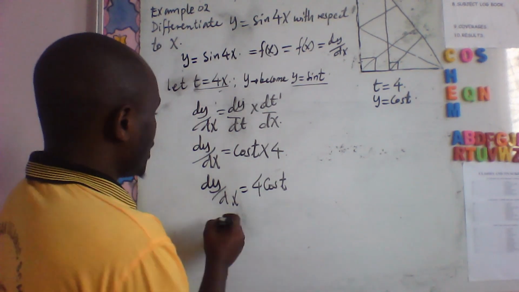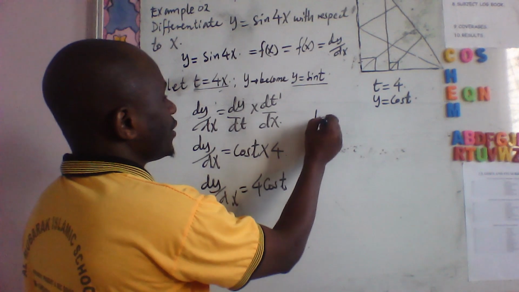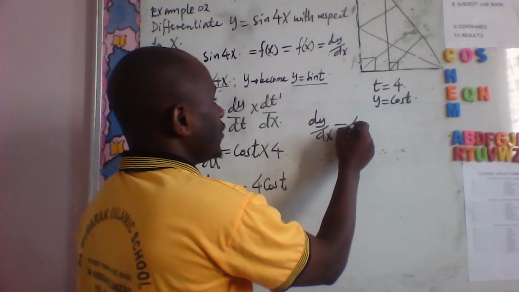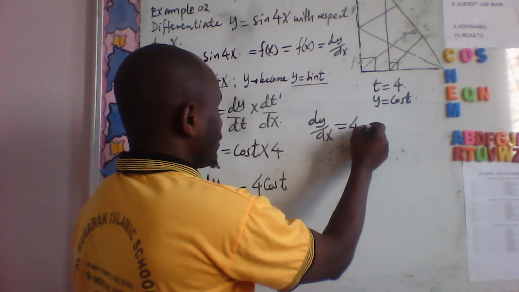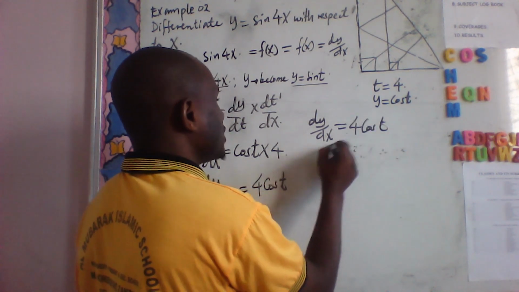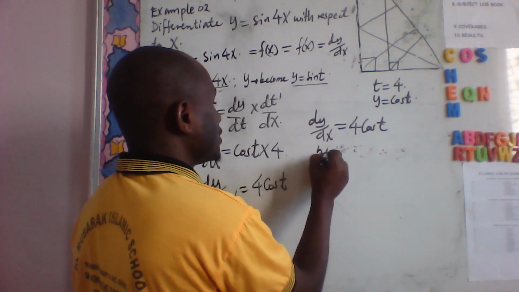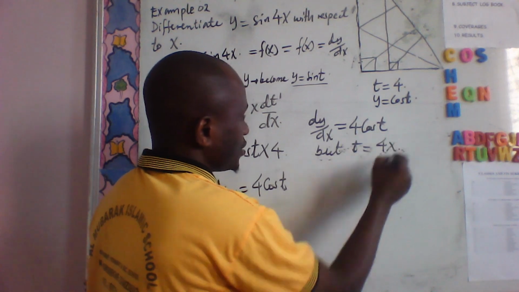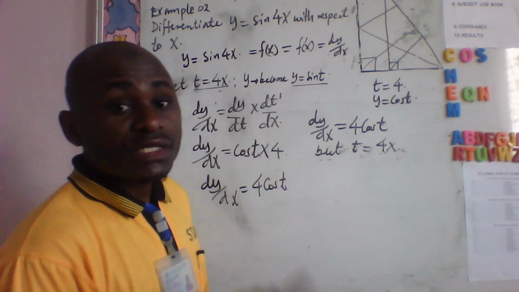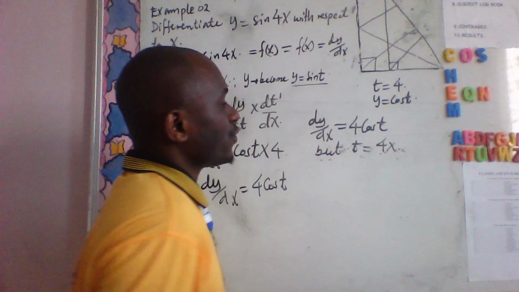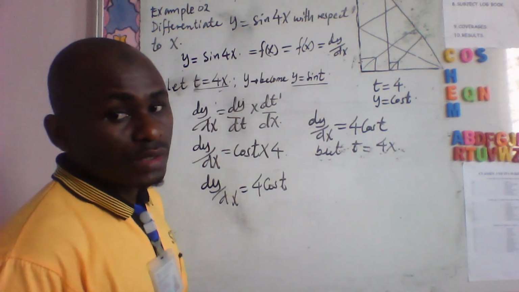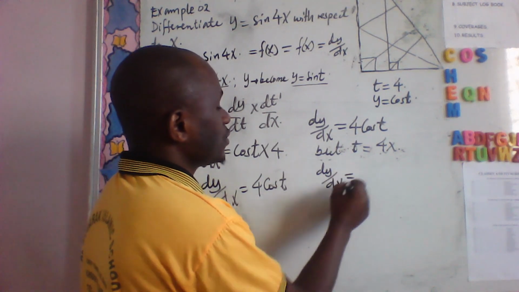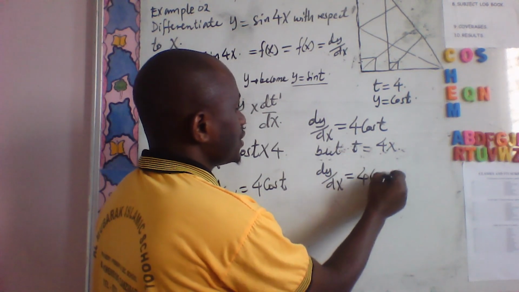So dy over dx here is equal to 4 cos t, but t is equal to 4x. If t is equal to 4x, we are supposed to substitute this value of t into the formula here. So dy over dx is equal to 4 cos t.